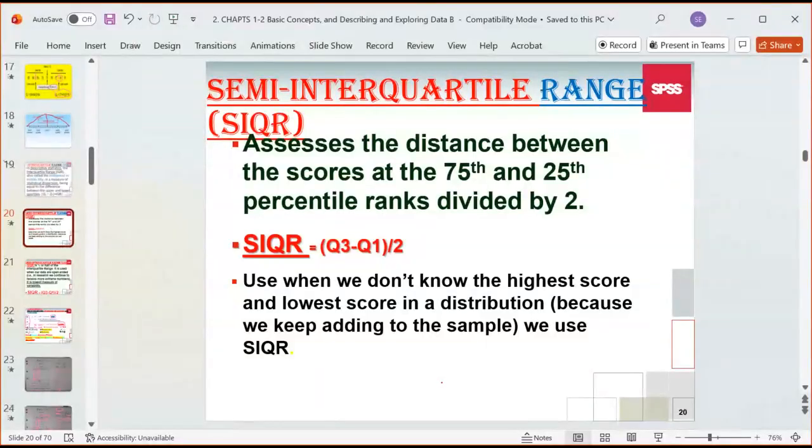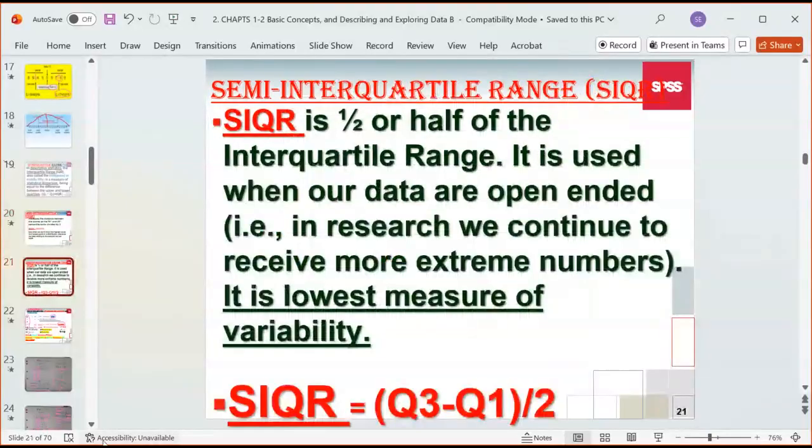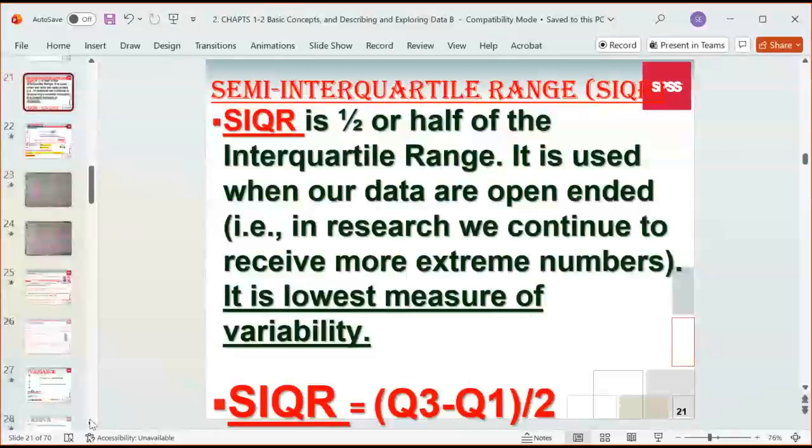We use that when we don't know the highest score and lowest score in a distribution, because we keep adding to the sample. Then it's better to use the semi-interquartile range. That's the research technique they use. It's not too popular nowadays, just something to know if you heard it.